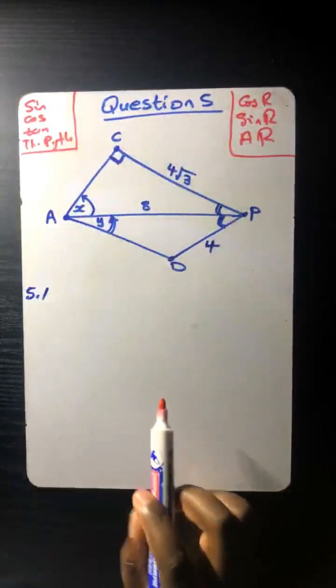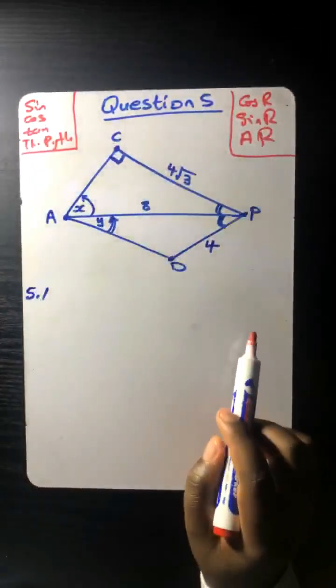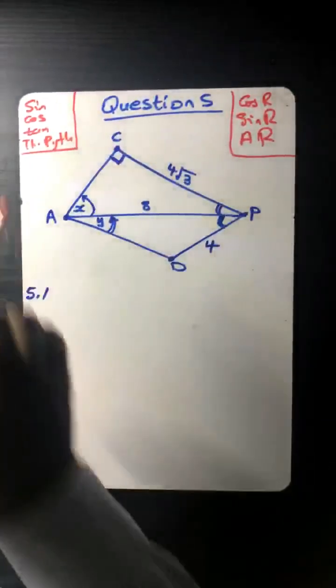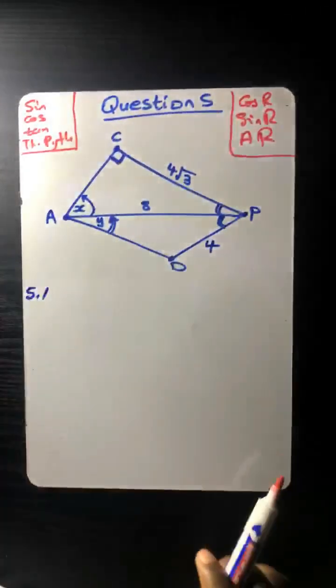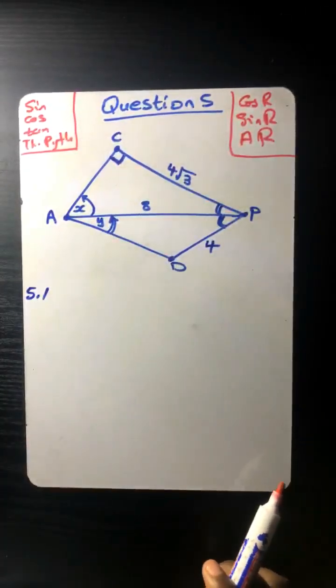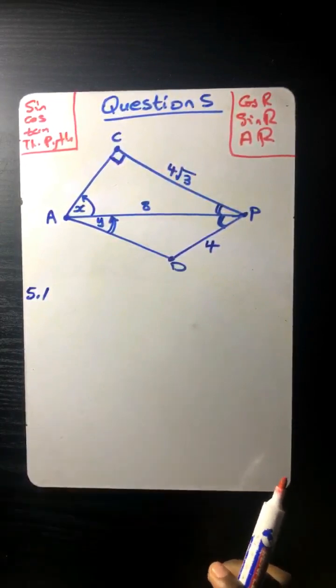Here comes a question. X, is it in a right angle triangle, or just a triangle? It's in a right angle triangle. So that means you might need to consider using the trig ratios. Which trig ratio will be relevant in calculating that?